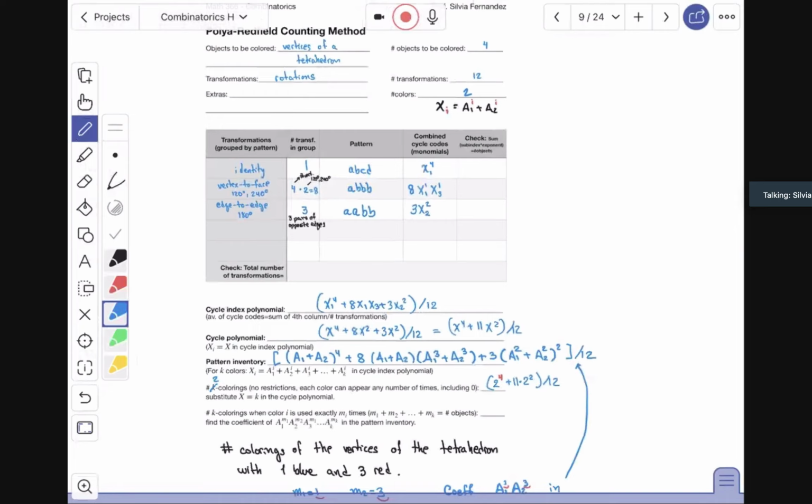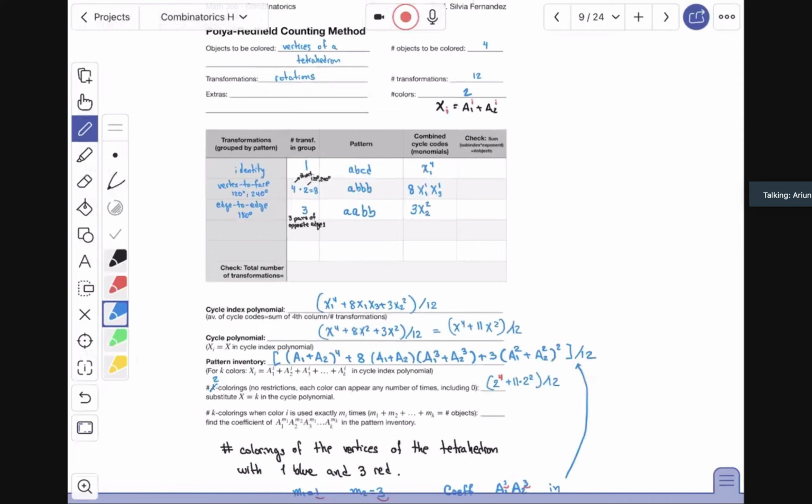If I follow this vertex and rotate 180, now it's on the other side, over here.